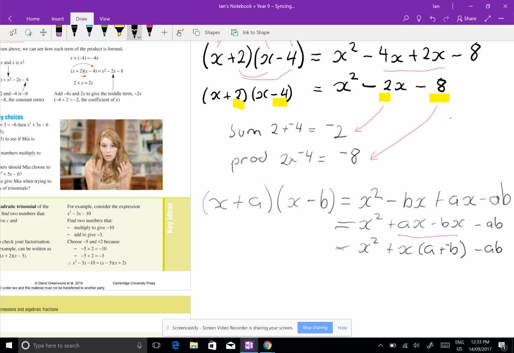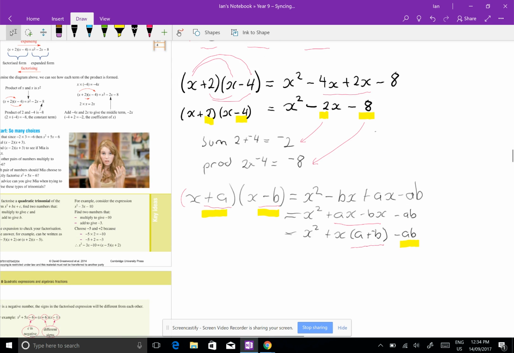And as you can see, this is the sum of these 2 numbers, and this is the product of these 2 numbers. Now that's going to help us.